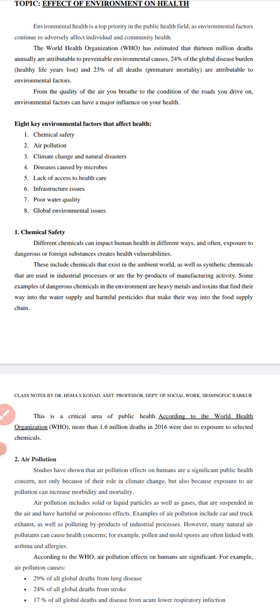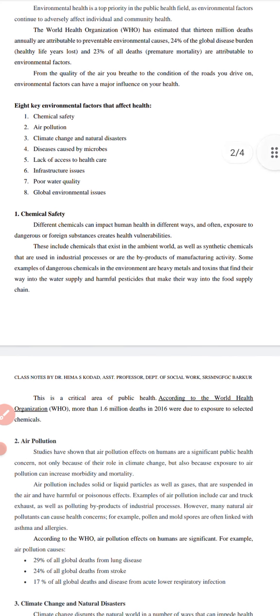Different chemicals can impact human health in different ways, and often exposure to dangerous or foreign substances creates health vulnerabilities. These include the chemicals that exist in the ambient world, the natural world, as well as synthetic chemicals that are used in industrial processes or are the byproducts of manufacturing activity, or produced by human activities.